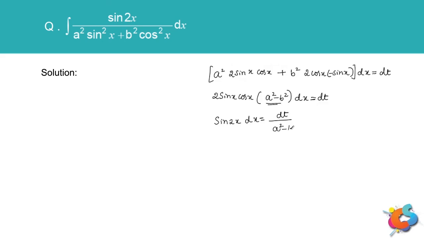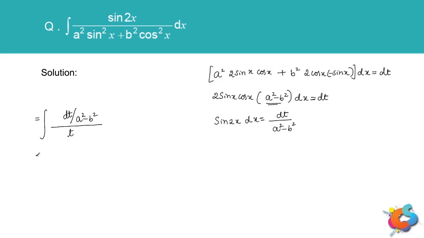If we substitute all these in the given integrand, it reduces to sine 2x into dx becomes dt by a square minus b square, whole divided by, we can replace a square sine square x plus b square cos square x as t.